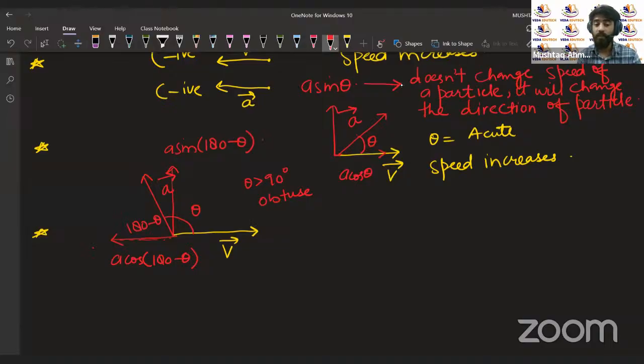Since this component of the acceleration is in the opposite direction, it is going to reduce the speed of this particle. So theta here is obtuse, right? Or we can say speed decreases, right?